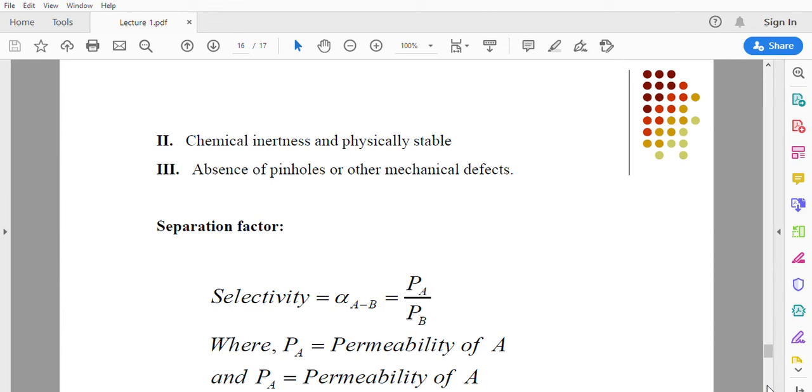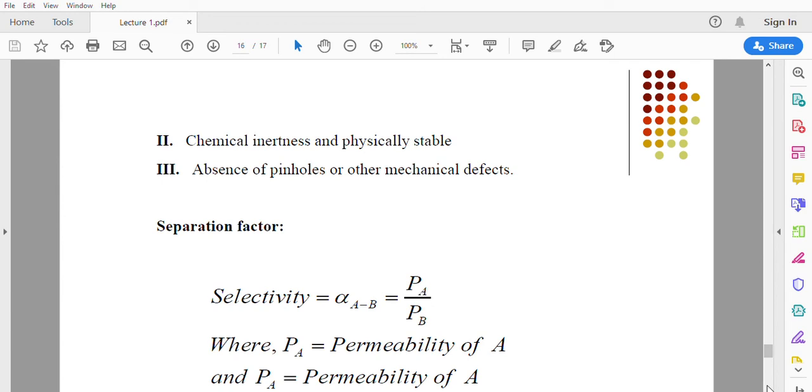Now the second thing is the absence of pinholes or other mechanical defects. When you prepare the membrane, you should be cautious that it cannot contain any pinholes. Pinholes means there are some large pores in the membrane. When you make a very large membrane, sometimes there are some large pores in the membrane.